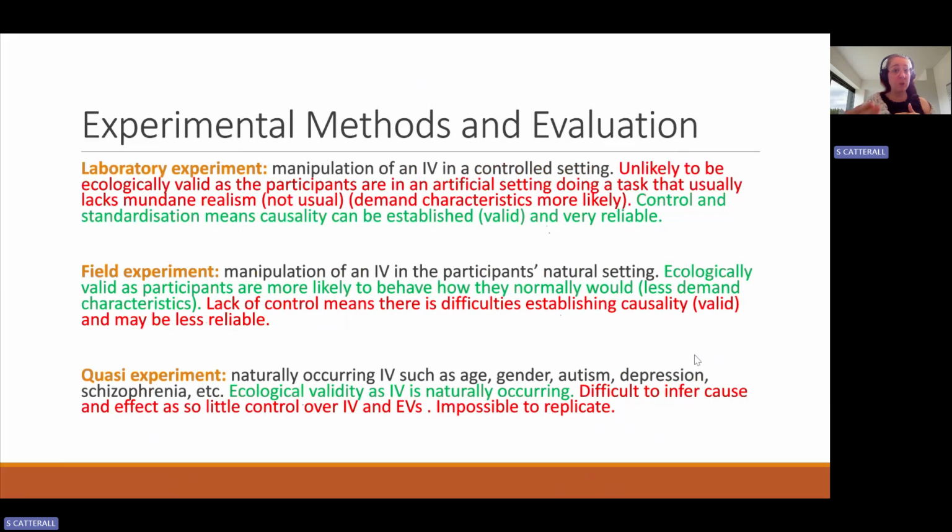You don't know the extent to which some people have it or not if there's a spectrum. So it's difficult to make comparisons between participants. You usually have a small sample because there's not many people with autism and depression. They're a bit more difficult to question or experiment on. And then also it's impossible to replicate because the next time you do it, you're going to get different people with different levels of that thing. So like autism and depression, even something like gender, how masculine or how feminine you are will be different.